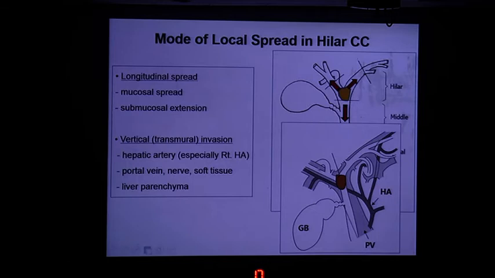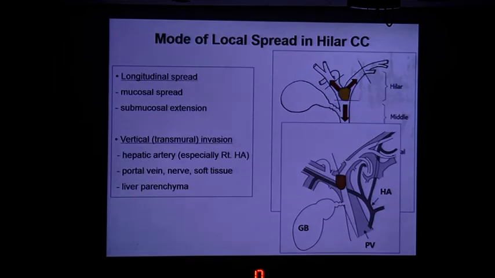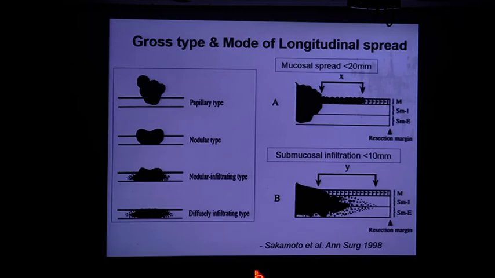So even type 1 or 2 bile duct cancer can invade the right hepatic artery. That is one reason why we do right hepatectomy for type 1 or 2.